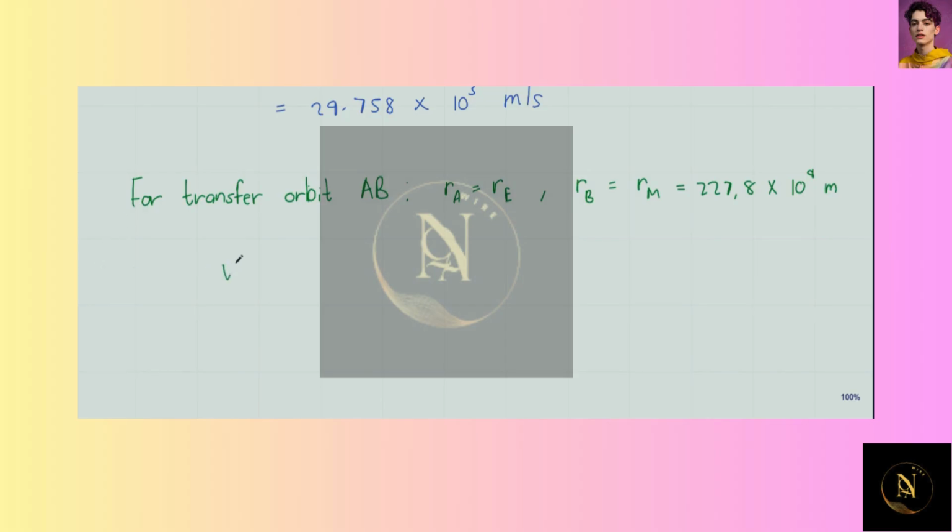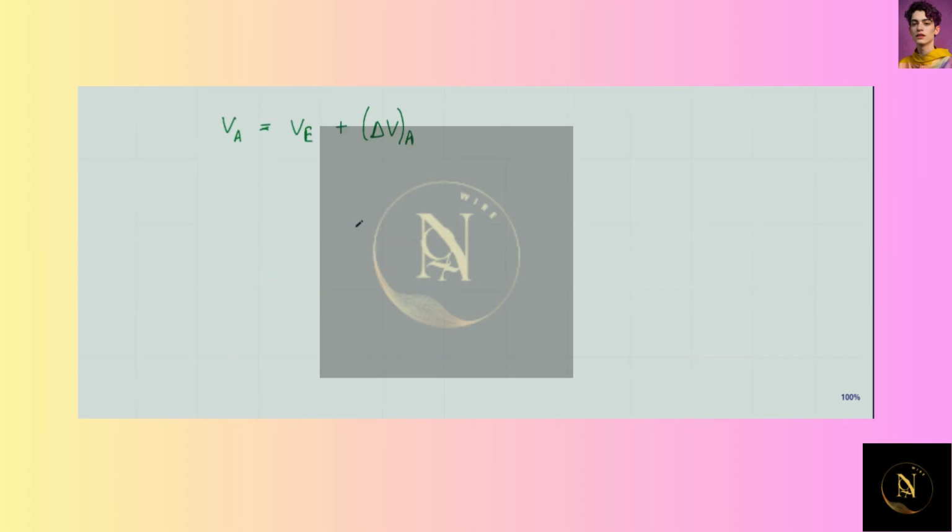So the speed of the orbit at point A is equal to VE plus the transfer velocity, which we'll call delta V subscript A. So the transfer velocity in moving to point A. And this is equal to 29.758 times 10 to the 3 plus the transfer velocity given as 2.94 times 10 to the 3.